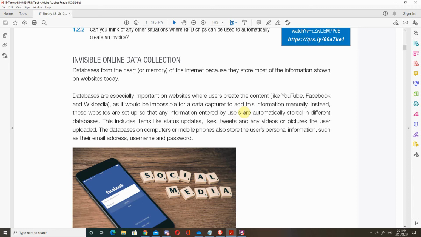That is invisible data capture. It's that additional information that makes this invisible data capture. And there are people that capture that and sell it to other companies, so that they can then market their products and so forth.